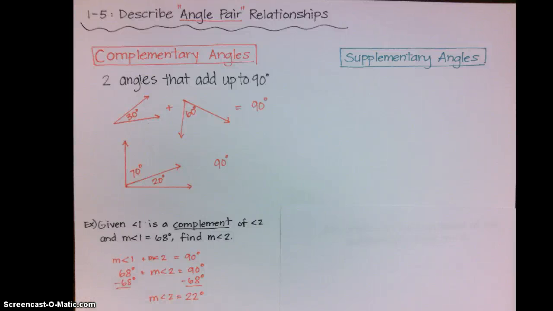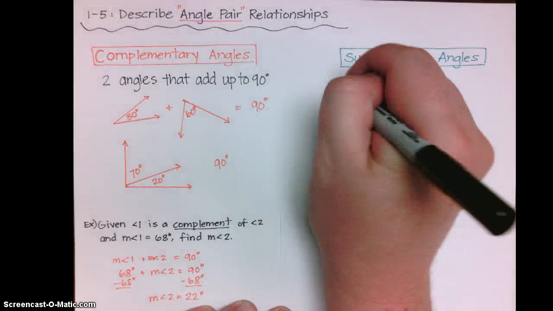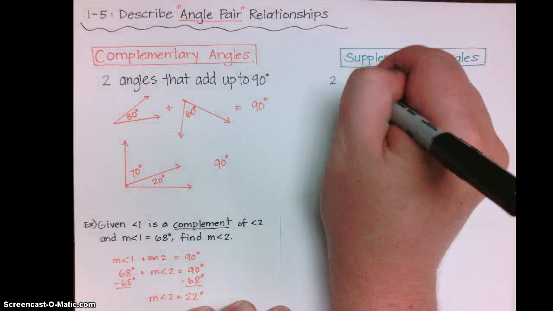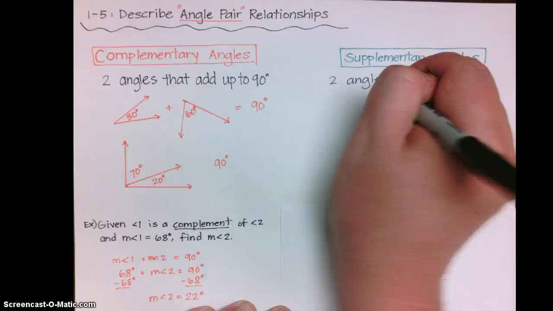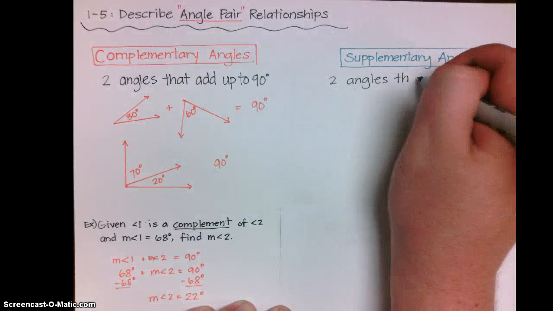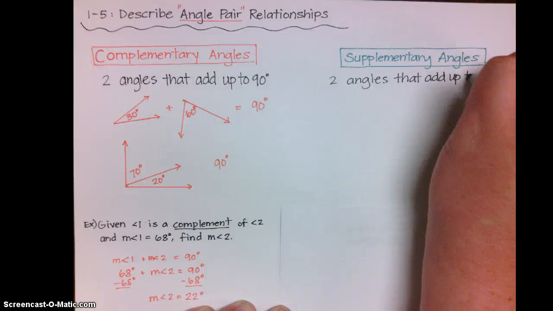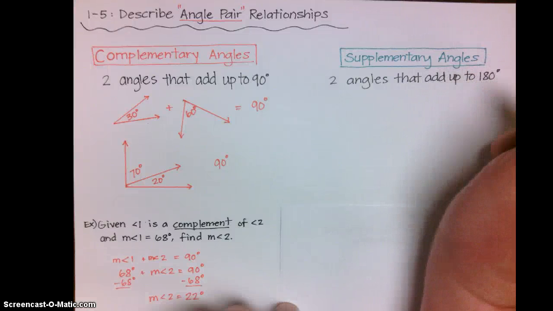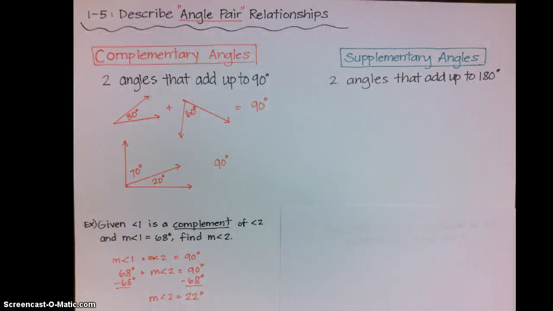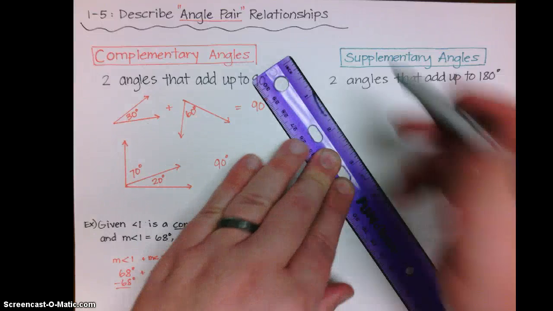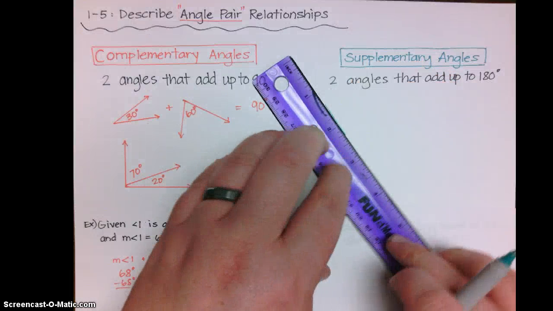Real easy. Now another term that you're going to notice that I have up here is called supplementary angles. And supplementary angles are a little similar. It is again just two angles, but this time it's two angles that add up to 180 degrees. So again, I can have two angles that are not touching. So let me draw a couple right here.